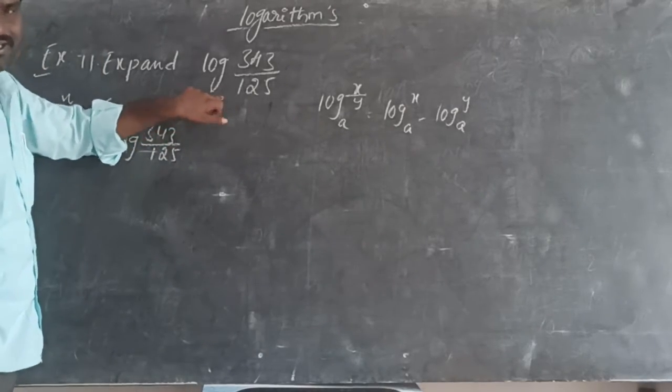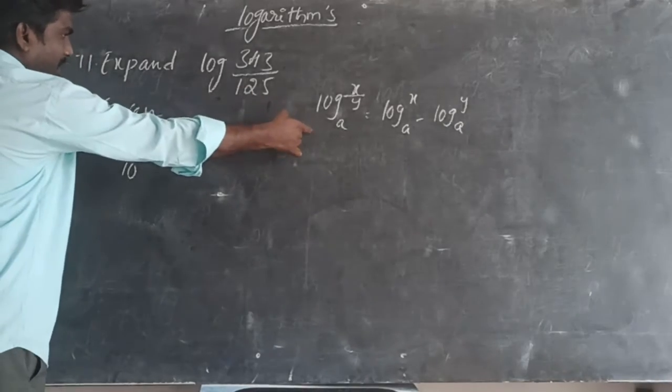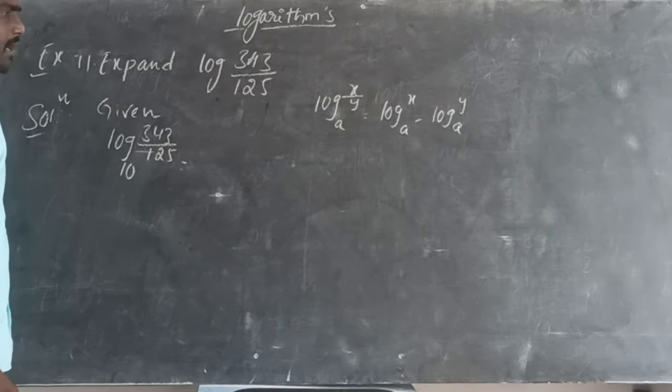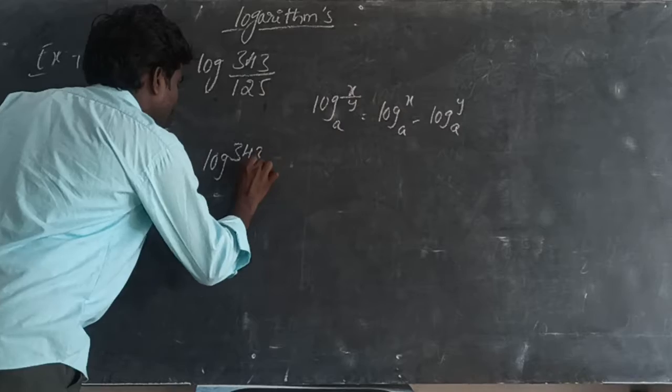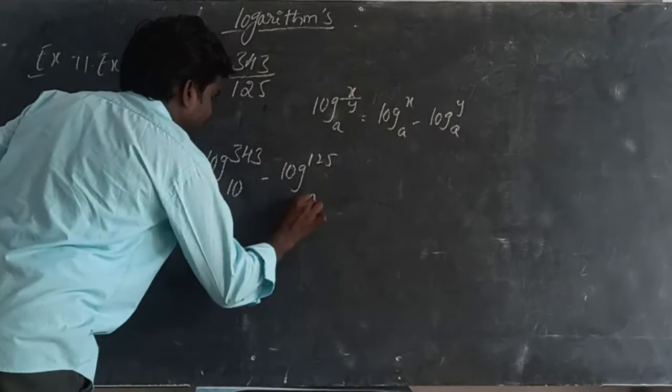What is the common base? 10. So here we can apply this formula. Log x by y base a is equal to log x base a minus log y base a. So that is log 343 base 10 minus log 125 base 10.